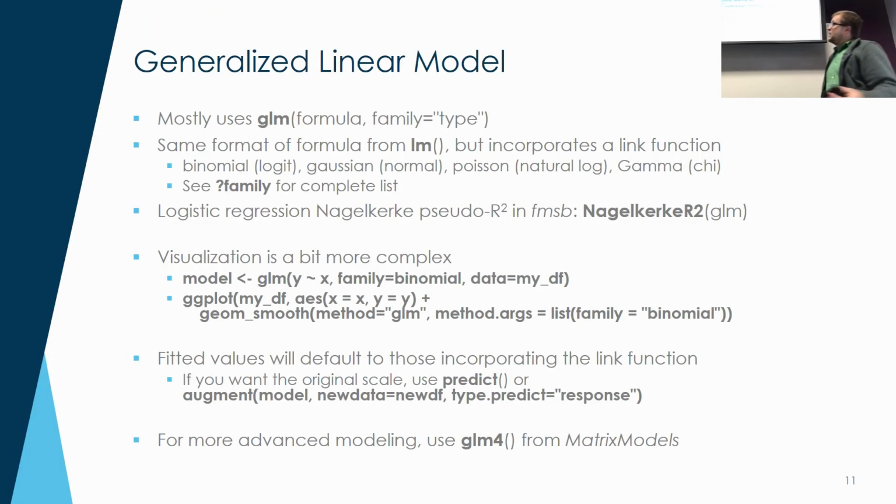Visualization's a little more complicated if you want to do visualization of this kind of model because you have to use the GLM fitted values in order to graph it. In this case, and there was an example of this, I'm pretty sure, in DataCamp, you can use geom_smooth, feed it method GLM, and this is the same notation we used last week to feed arguments into another function inside another function.